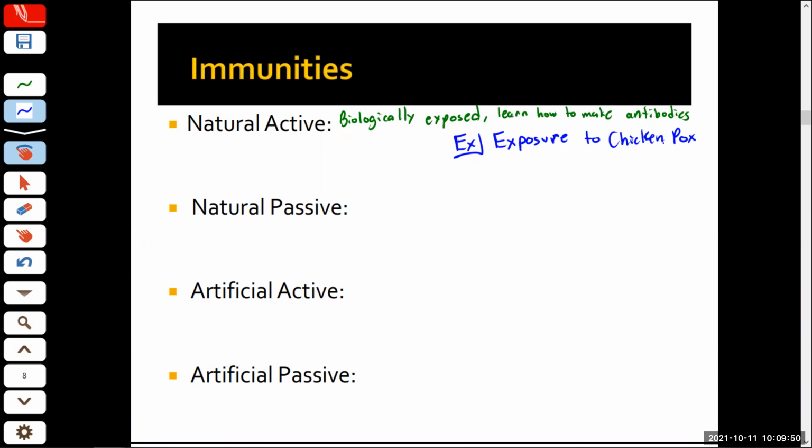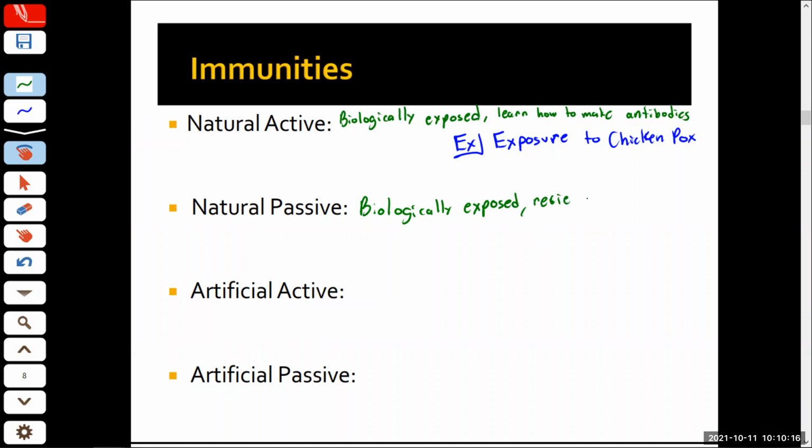Okay. Natural passive. So it's still biologically exposed. Exposed, but it's passive. That means I'm receiving somebody's antibodies.